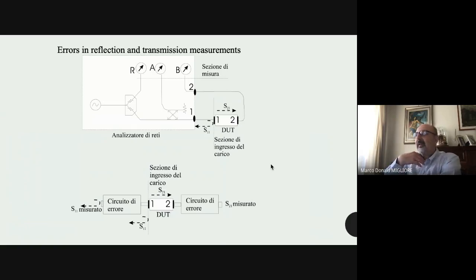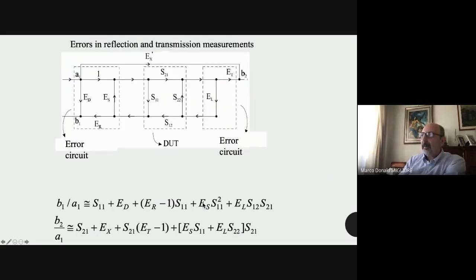I analyzed the reflection coefficient in this case. Of course, we can measure also the transmission coefficient. The model is basically the same. The only difference is that in this case, we have also another error circuit. One is before and the other is after the device under test. And in this case, the total circuit is a bit more complex.